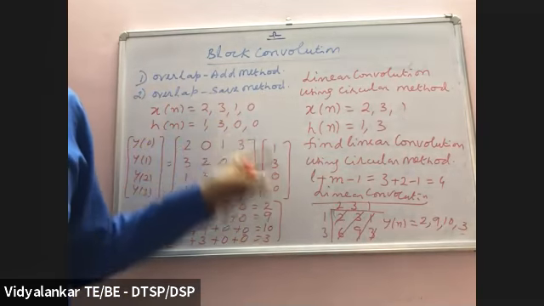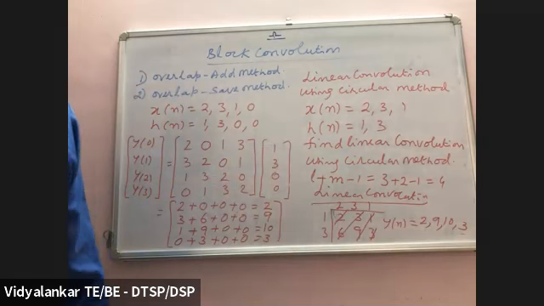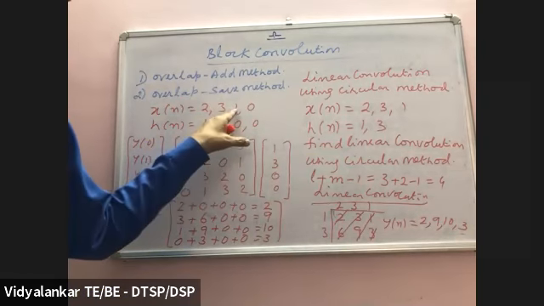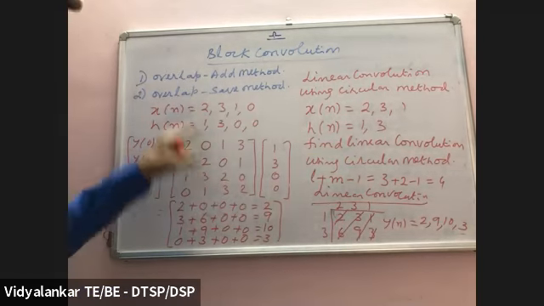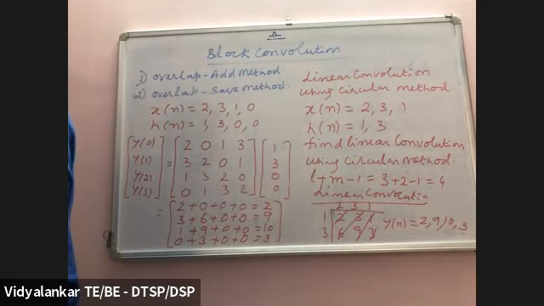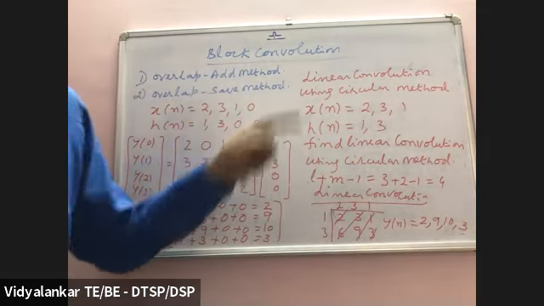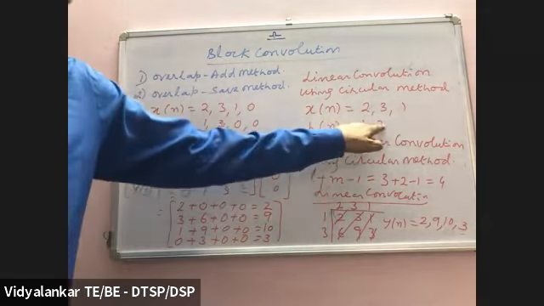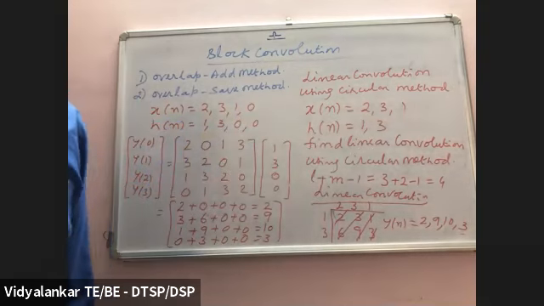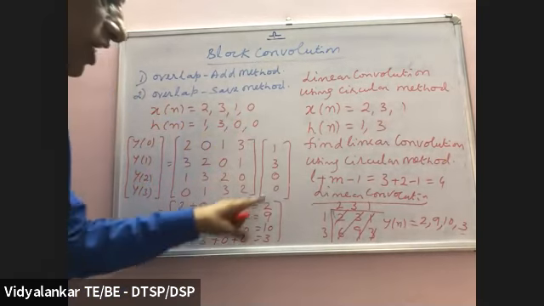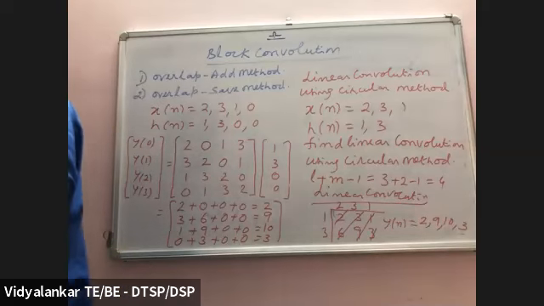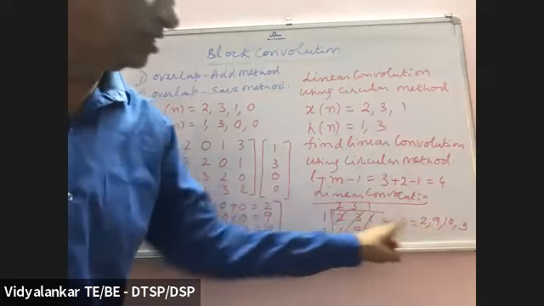So by adding zeros, X and H are made 4 values. X has 2, and we have added 2 zeros. H is giving only 2, so 2 zeros we have added, so H also has 4 values. Then only we can get 4 outputs, and these answers will match with the linear convolution.